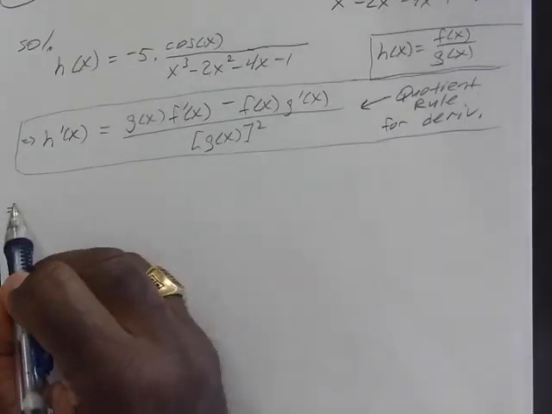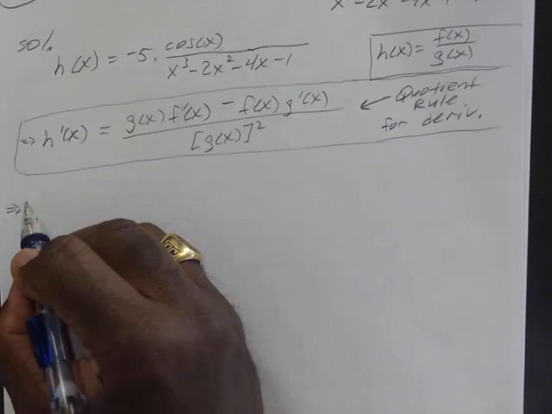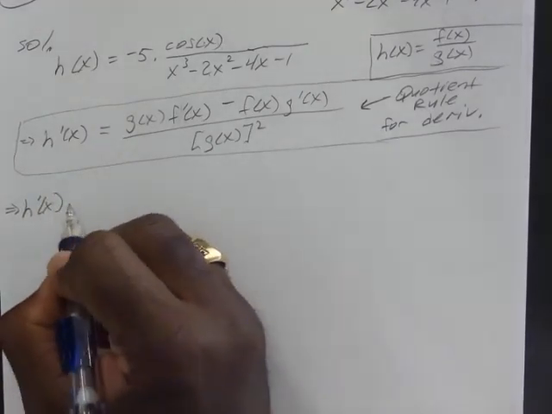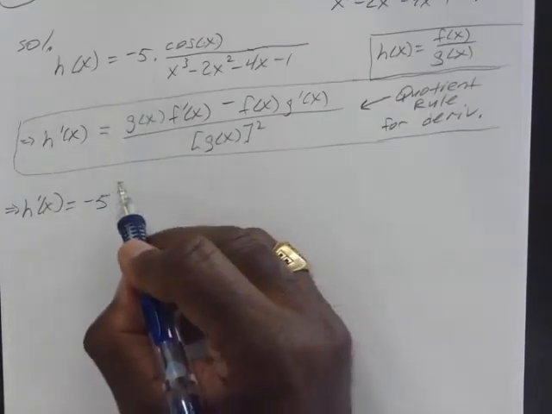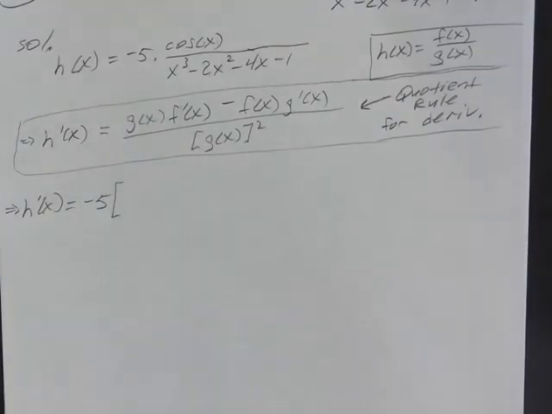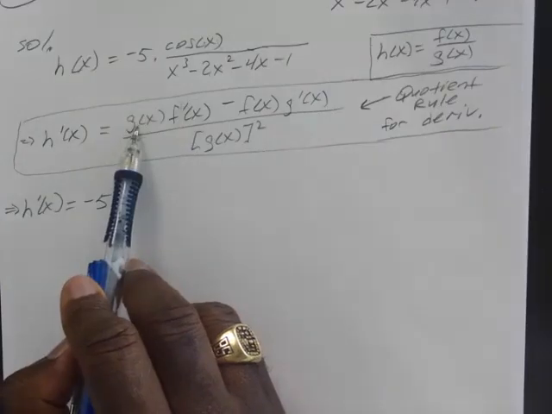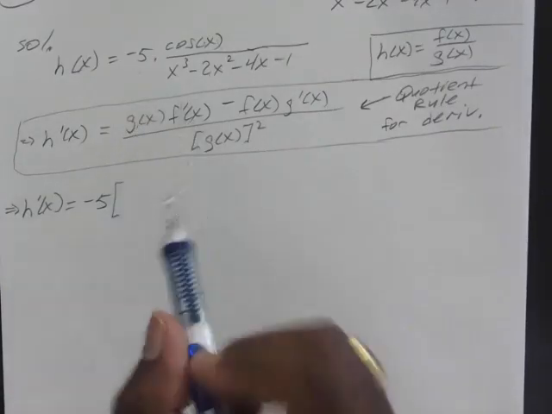So that means that your derivative, h prime of x, is going to equal that -5 that we factored out. Okay, so you have your denominator times the derivative of your numerator.